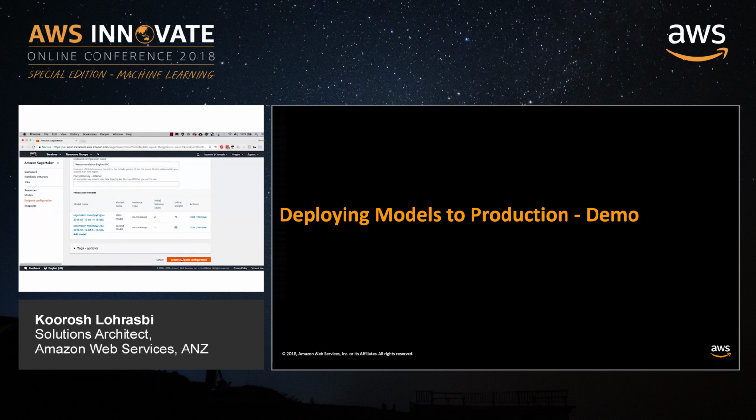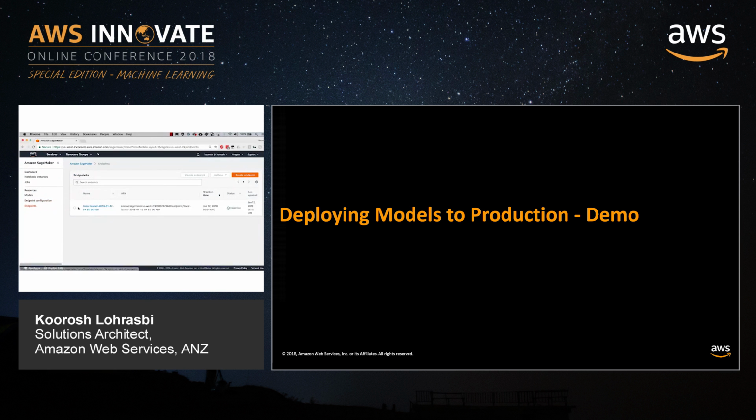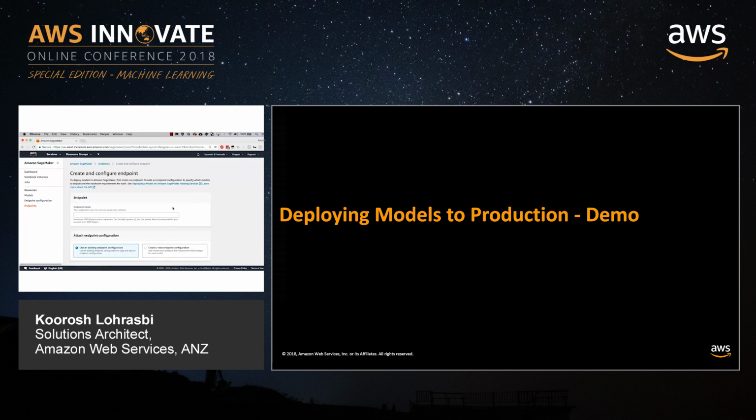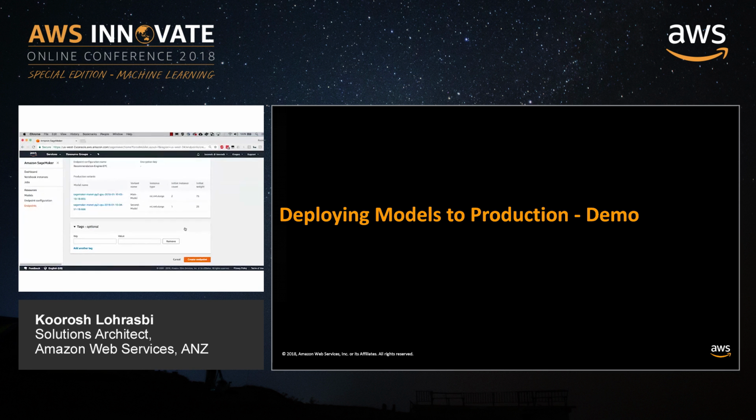Your models are not yet live in production. To deploy them in production, you go to the endpoint menu, and create an endpoint. Give it a name. Select the recently created endpoint config and click on Create Endpoint.